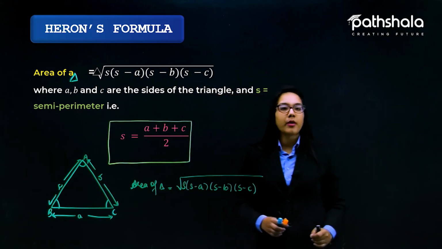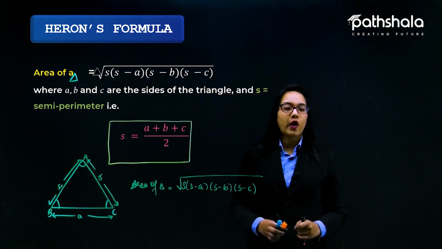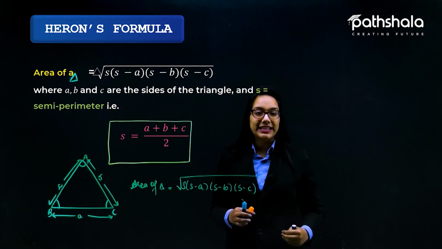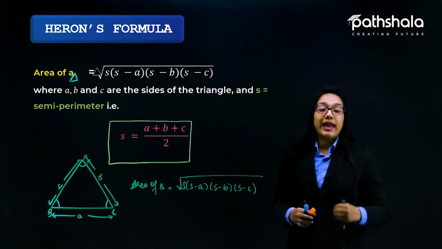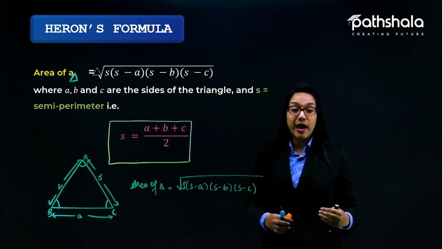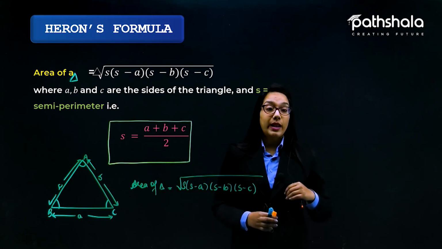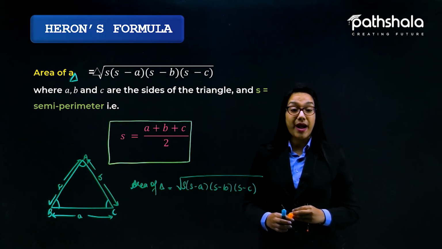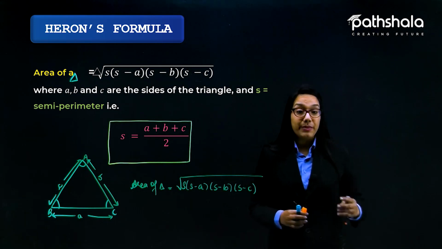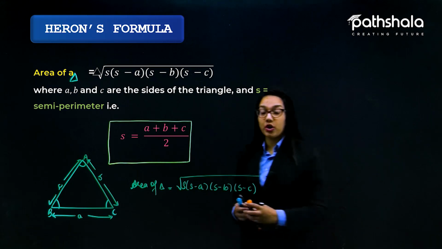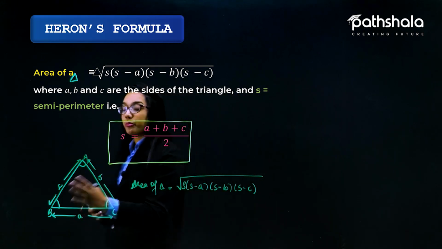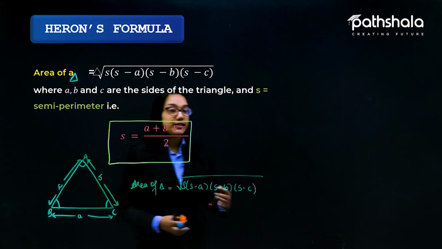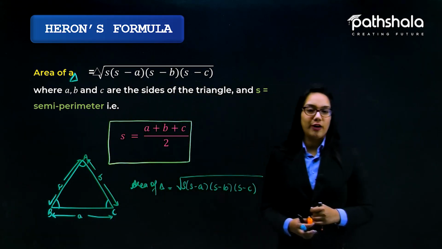So always remember, the Heron's formula for a triangle having the sides a, b and c is the square root of s into s minus a, s minus b, s minus c, where s is the semi-perimeter, which is a plus b plus c by 2, and a, b, c are the sides opposite to the angles A, B and C. So this is all about the Heron's formula.